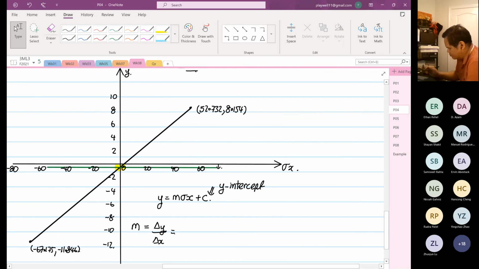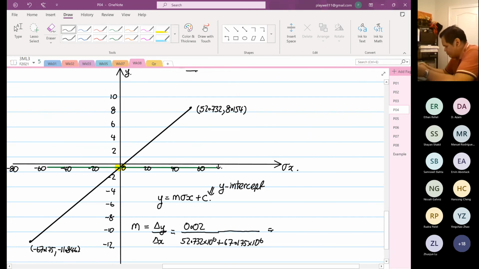The change in y, if I do it in meters, the whole height is 20 millimeters, so 0.02. The change in x will be 52.732 times 10 to the power 6 plus 67.175 times 10 to the power 6.